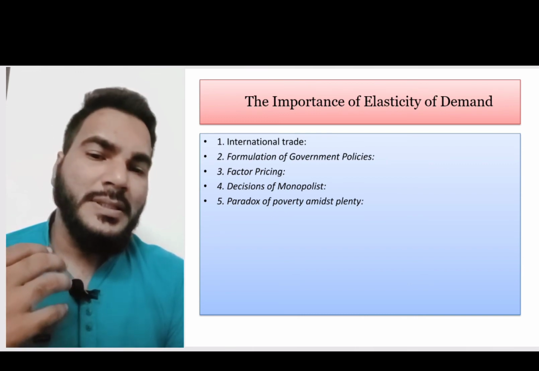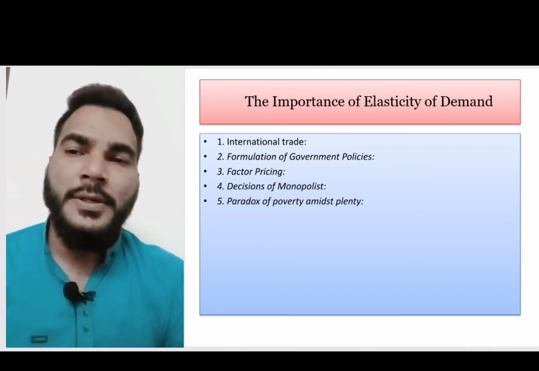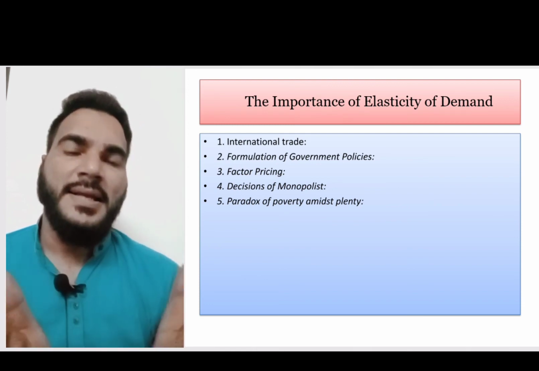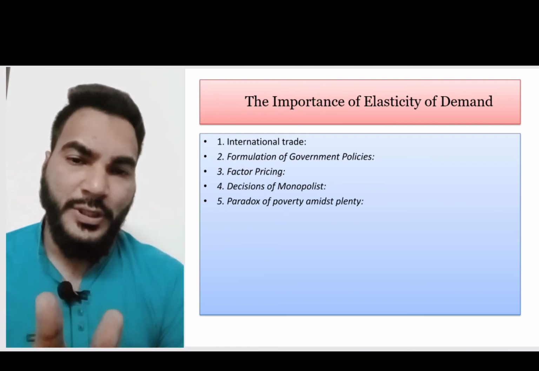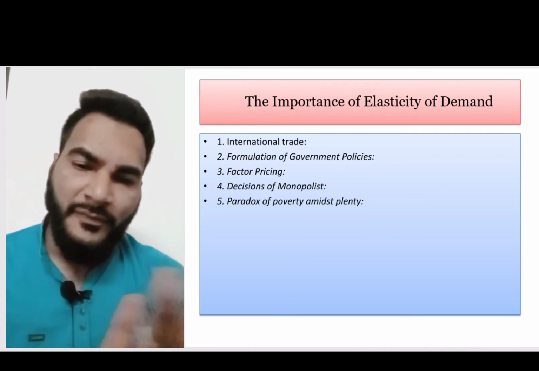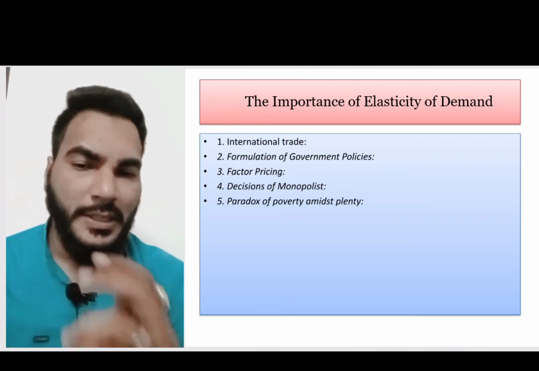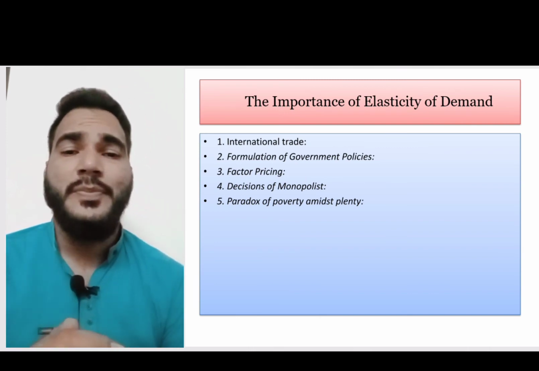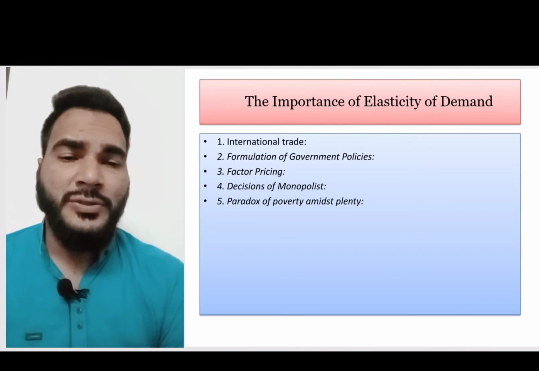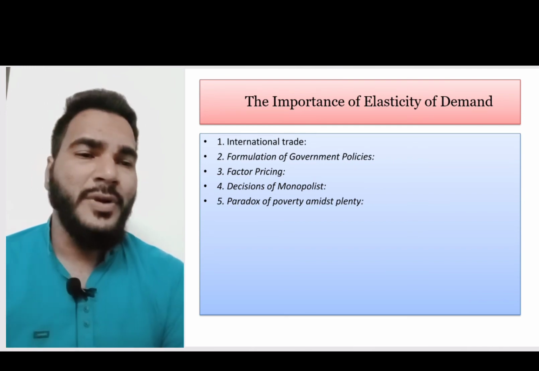If you think the demand for your product is inelastic, meaning you have targeted customers, and you increase the price, it won't affect your demand, so you can increase the price very easily. But if you think the demand is elastic, then you need to think about pricing as well.